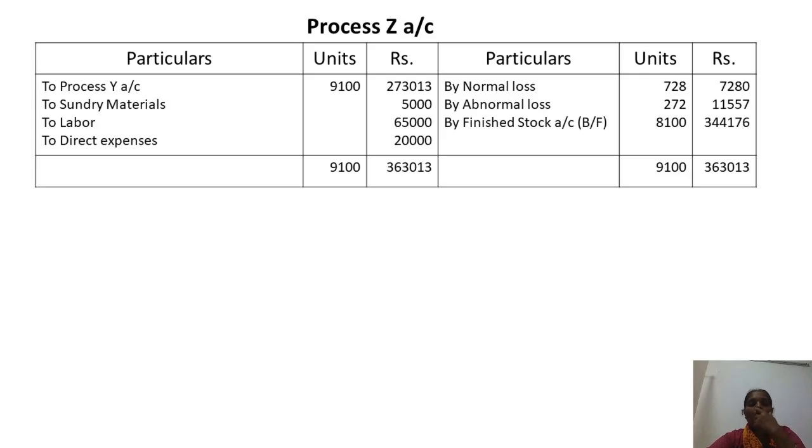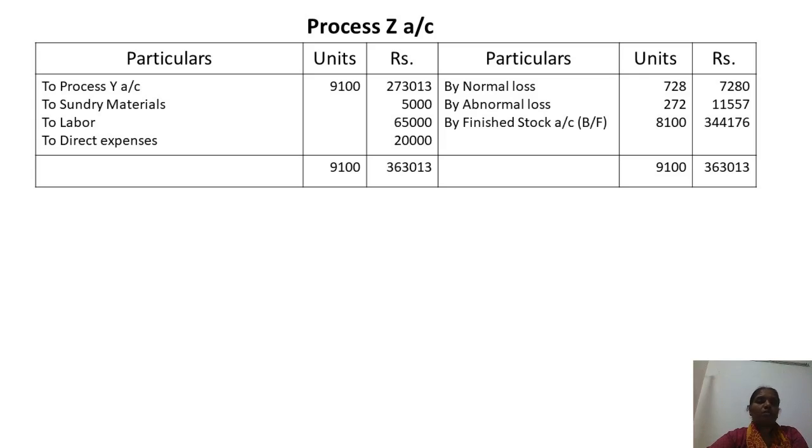So we get 3,63,013 minus 7,280 divided by 9,100 minus 728. We get some amount. With that amount, we have to multiply 272. We get 11,557.